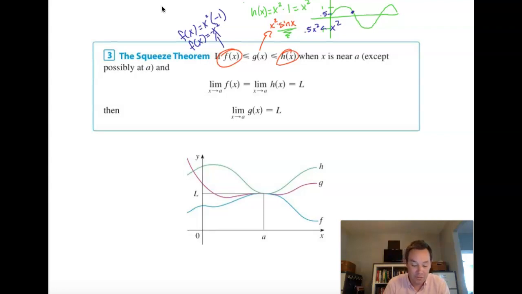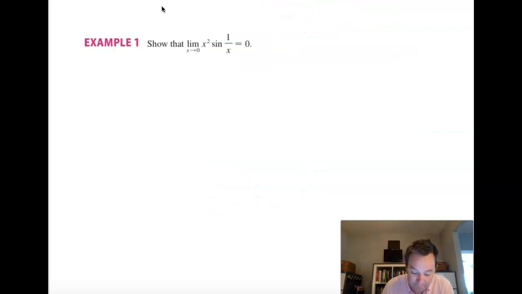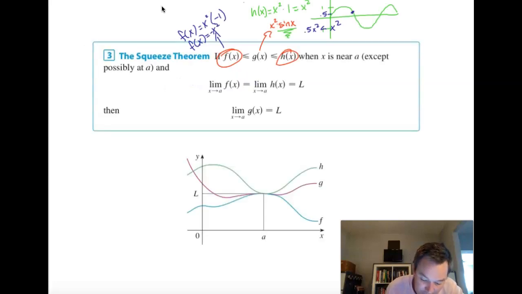And so now I have this relationship, so I'm going to go, okay, I know that it's true that -x squared is always less than or equal to x squared times sine 1 over x, which is always less than or equal to positive x squared. And sorry, on my previous slide, I think I was saying just sine x.